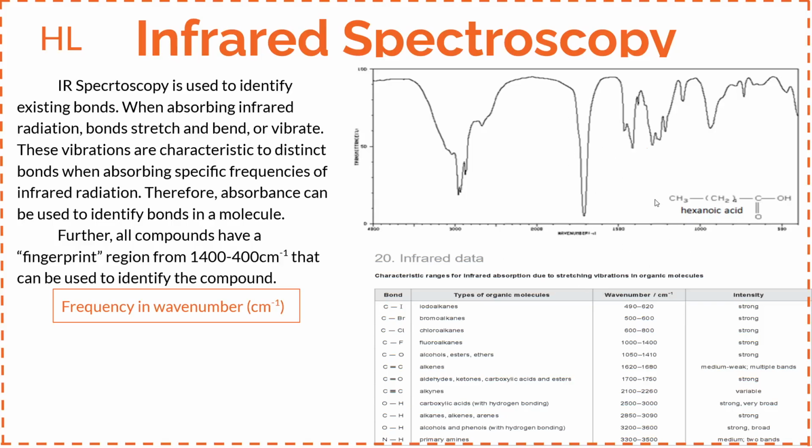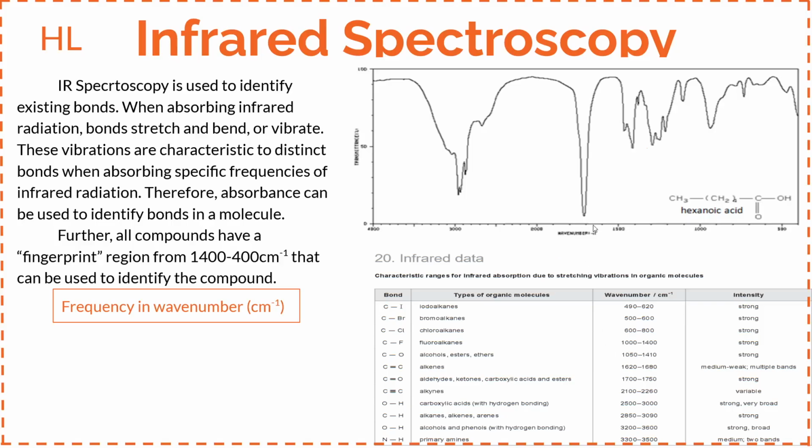It's worth noting you likely won't get what compound an infrared spectrum is for on the IB exam, but you'll be given a molecular formula and asked to identify what types of bonds there are. And so now we can see that there's a dip from 1,500 to 2,000.